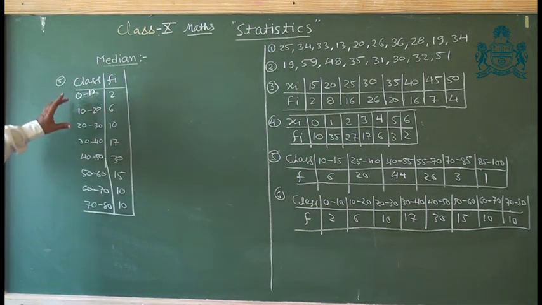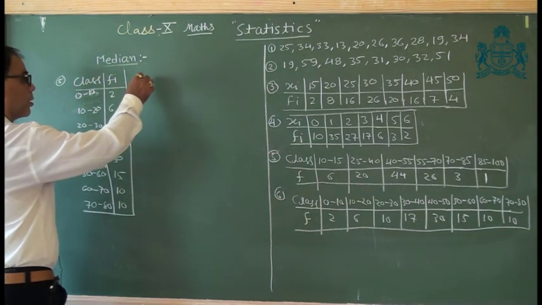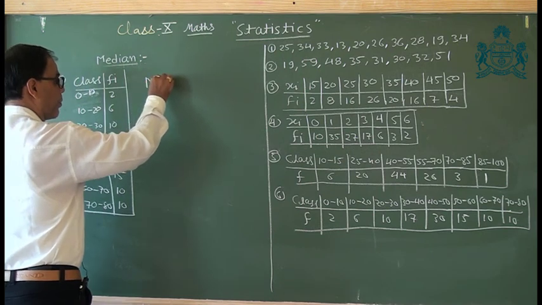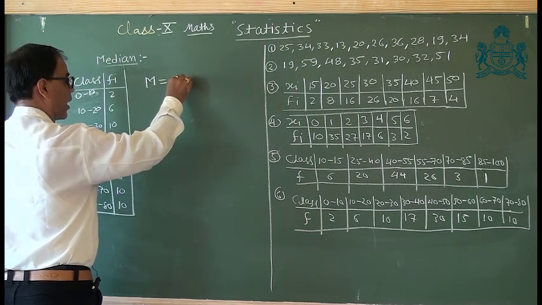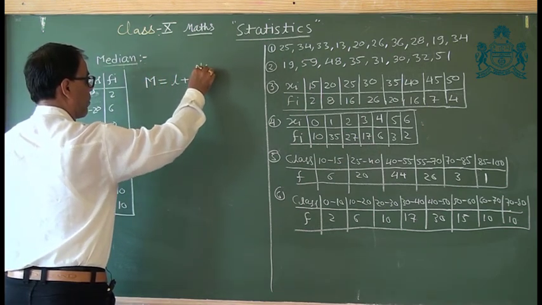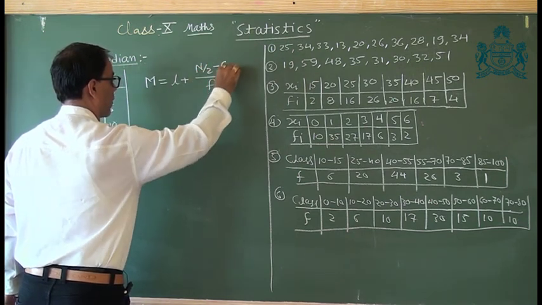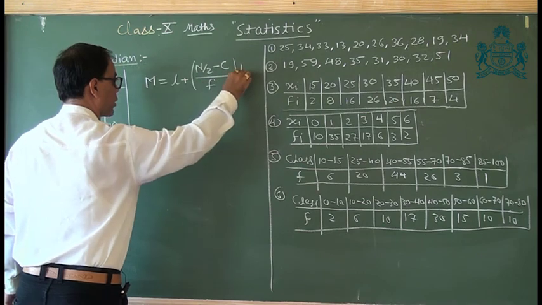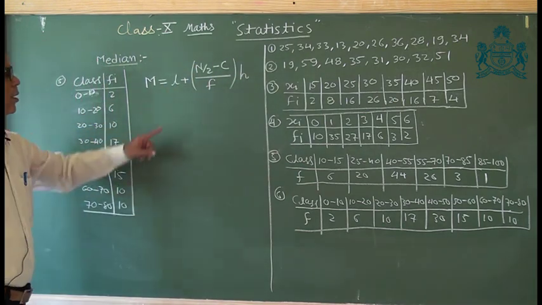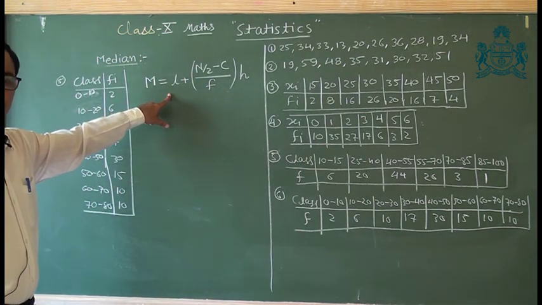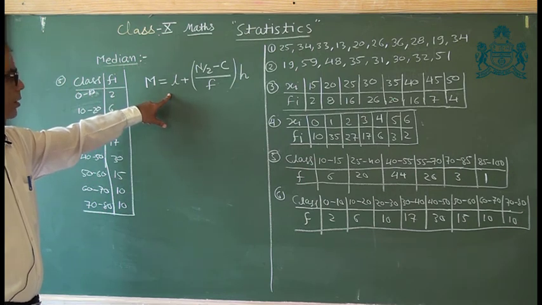Last and fourth type of question: median. Classes 0 to 10, 10 to 20, 20 to 30. To solve by the method, median equals L plus (n by 2 minus C) upon F, multiplied by H. L is the lower limit of the median class.